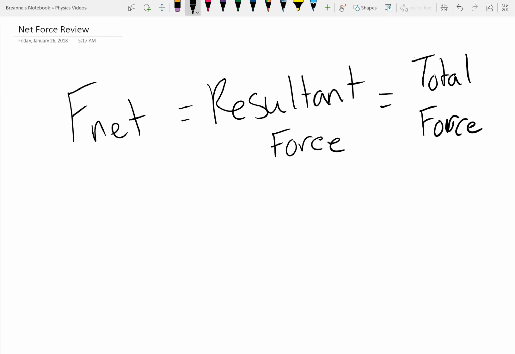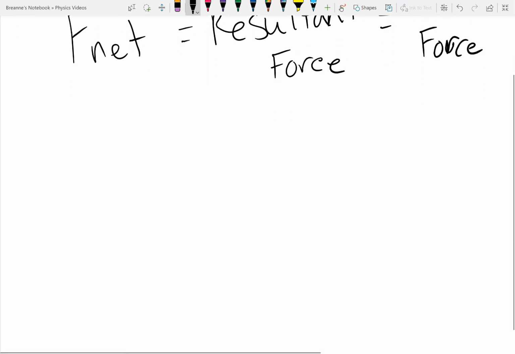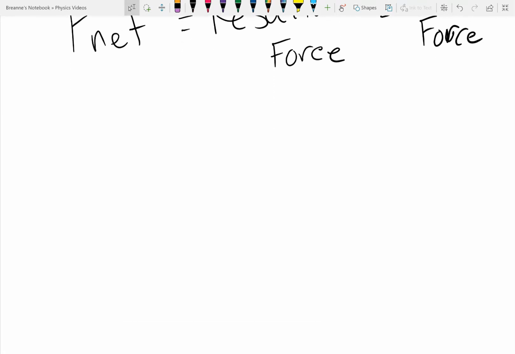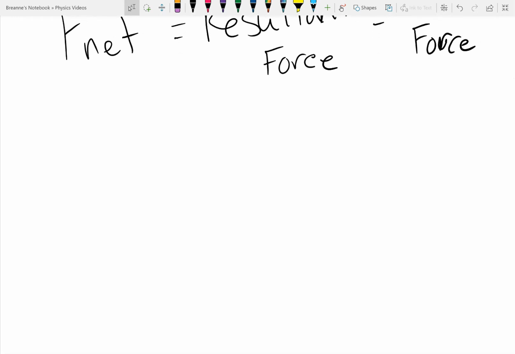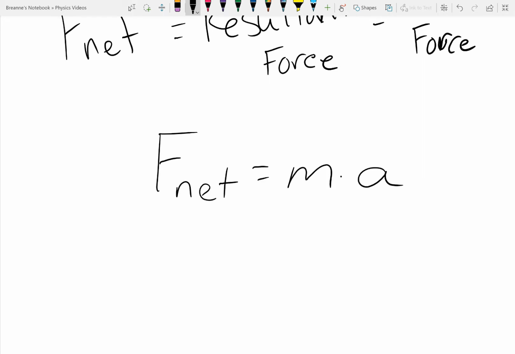Net force, resultant force, total force, all mean the same thing. So your net force, the equation for net force, which will be given to you, is your mass times your acceleration. That's your basic formula.